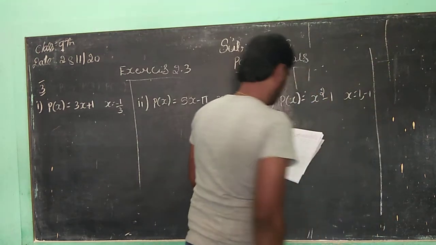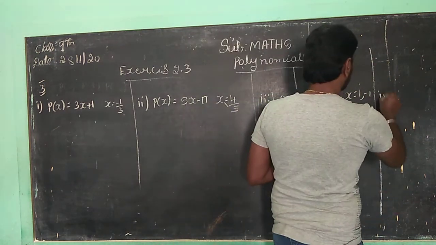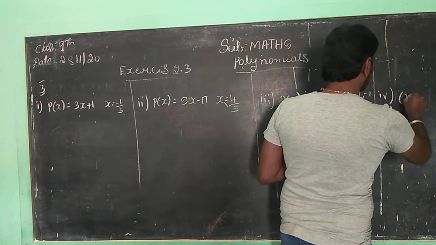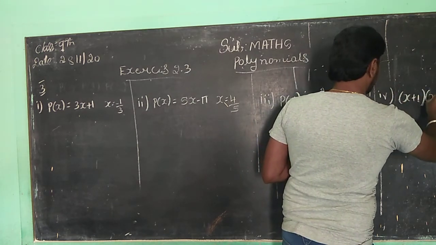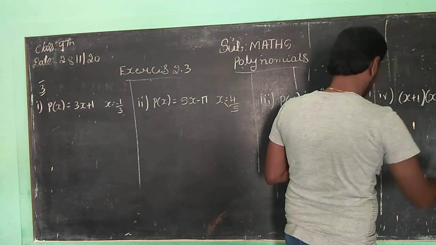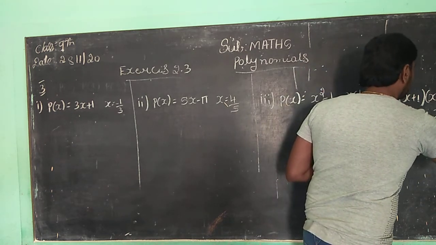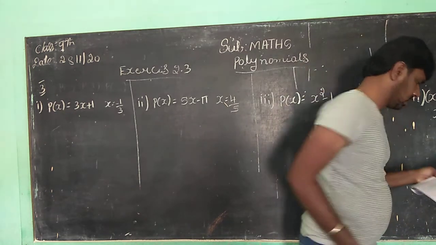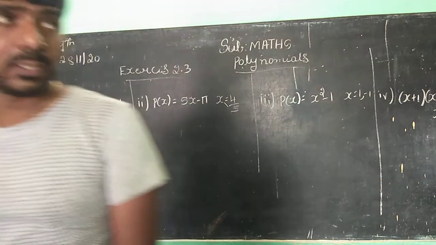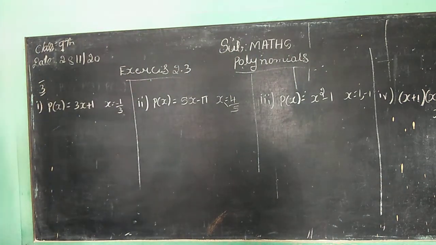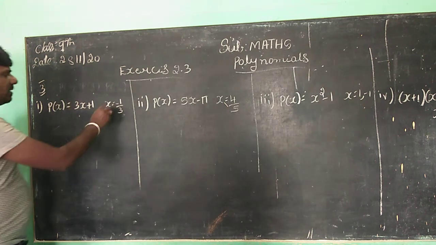Now the fourth question: (x plus 1) into (x minus 2) and x is equal to minus 1 comma 2, children. Now we take p of x is equal to 3x plus 1 and x is equal to minus 1 by 3.